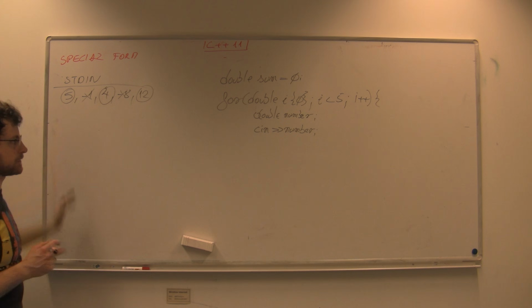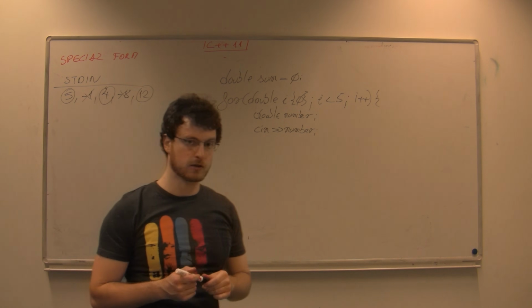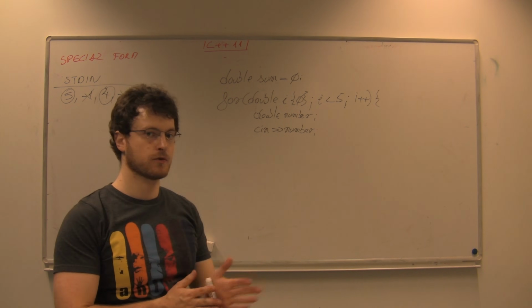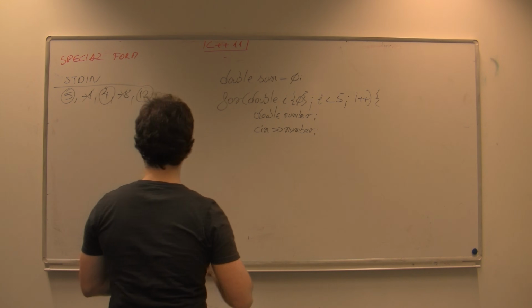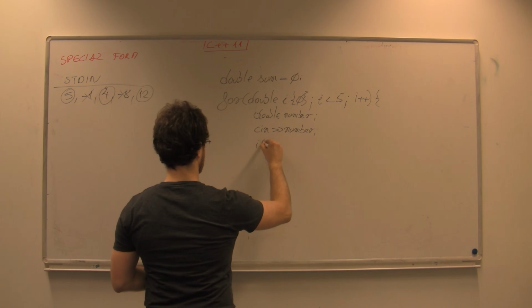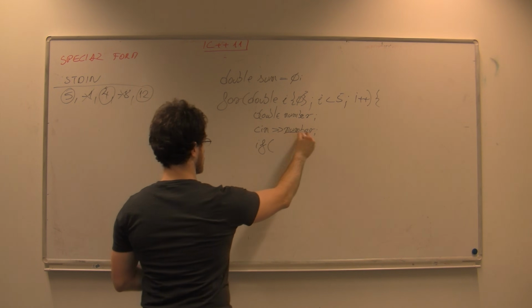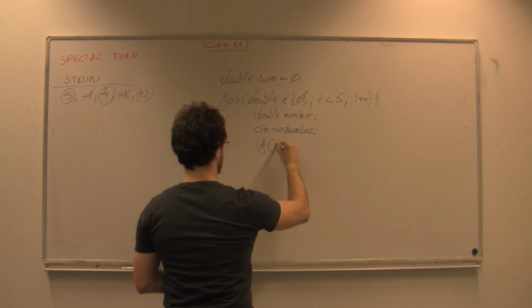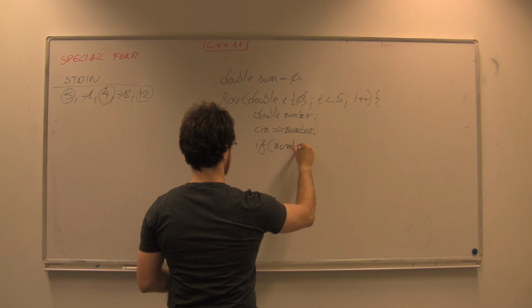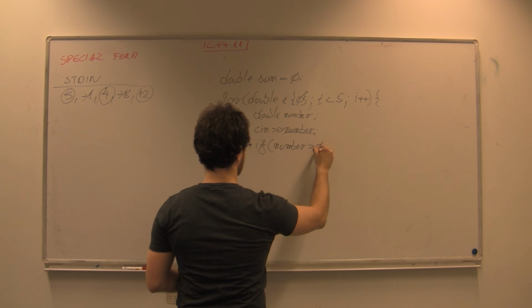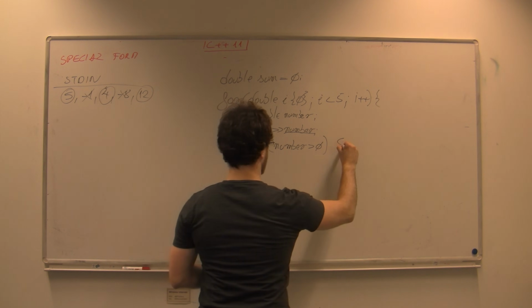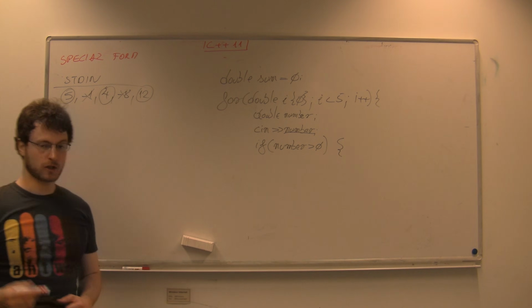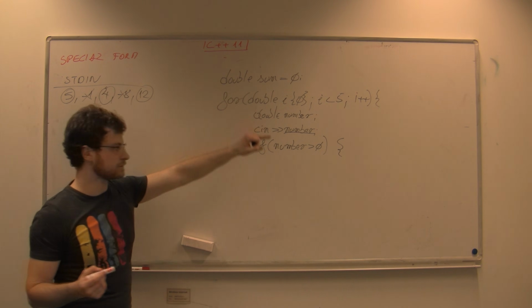In C++, this is performed by conditional execution, and there is a special form for this. It's called the if form, and I'll just write down this idea. So if the number we just read is positive, which means that it's greater than 0, only in this case shall we perform the summation.